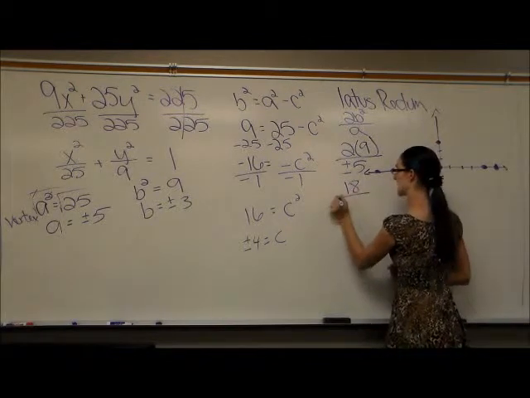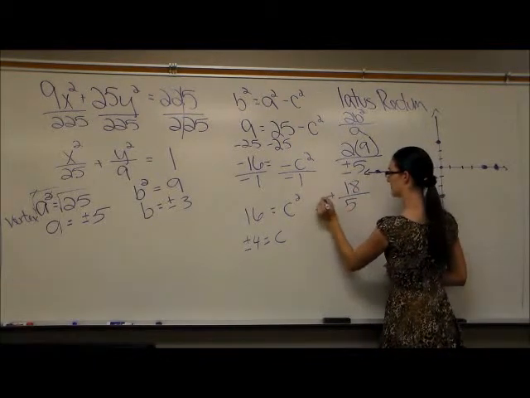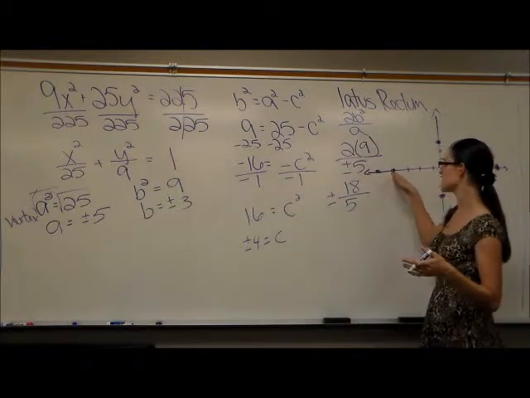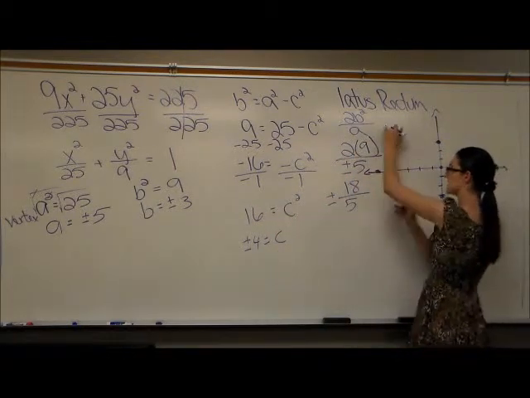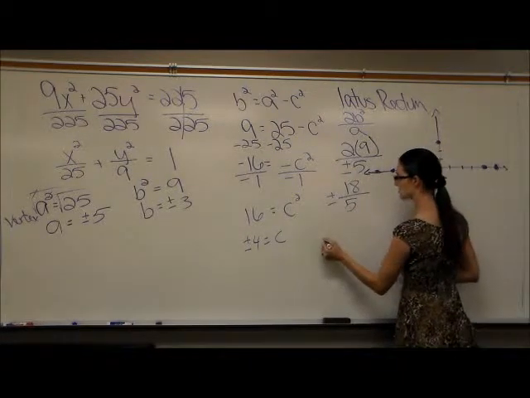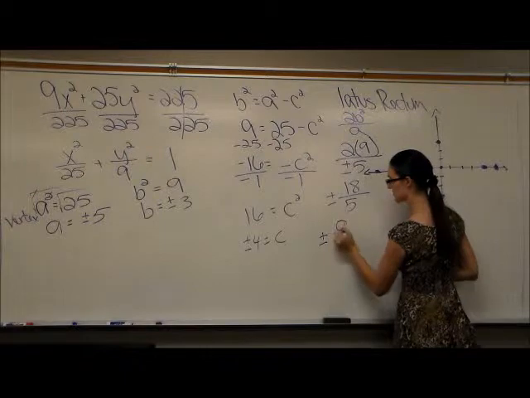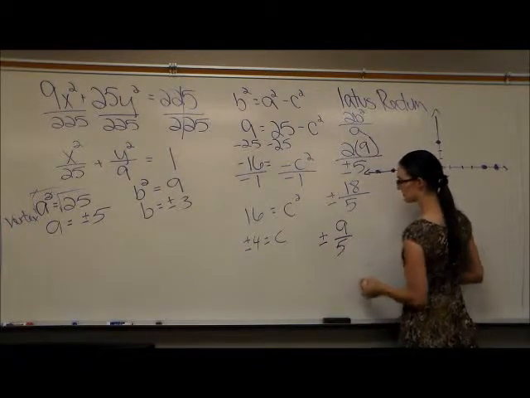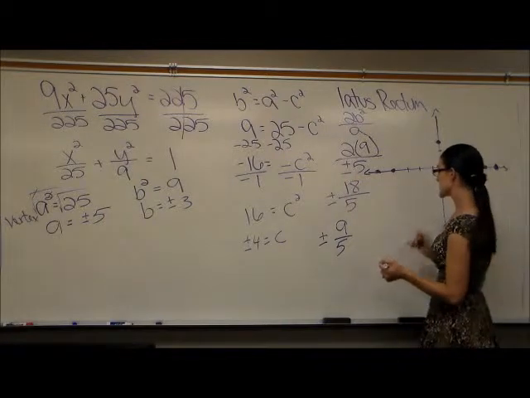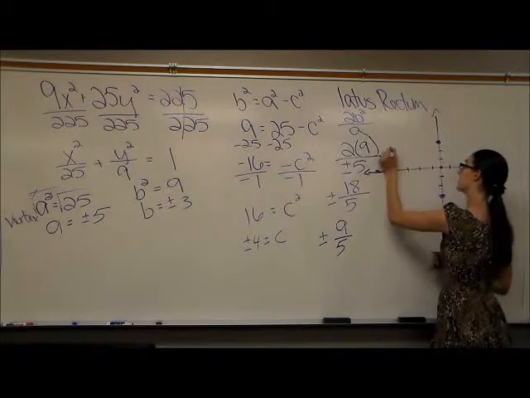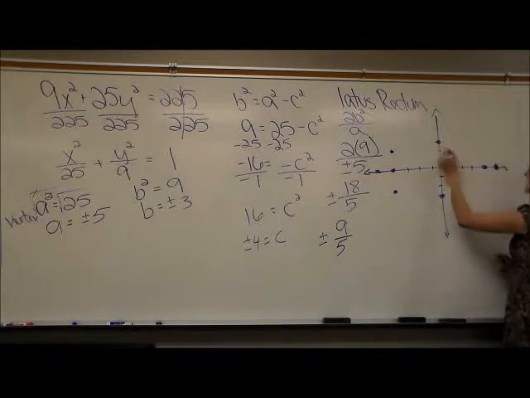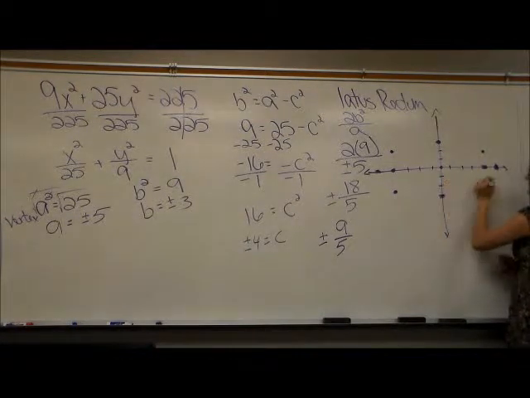That gives us 18 over 5 plus or minus. That's going to tell us how far away from the foci it is. So you're going to divide it by 2 so you get only half the length, because this is the entire length. So divided by 2, you get plus or minus 9 over 5 for how high up and how low it goes. 9/5 is just below 2. So that's going to be about right there on this side, and you've got a second focus, so about right there on that side.